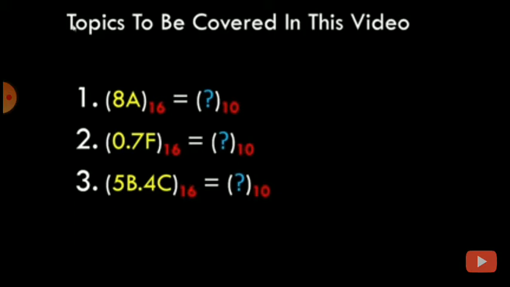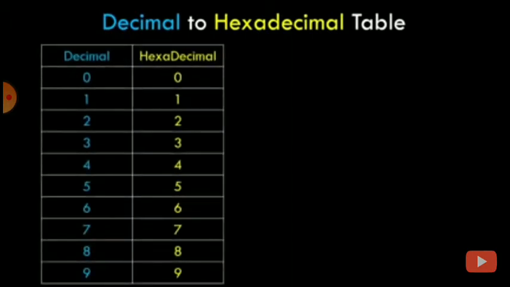So before we start solving problems, let's have a look at the conversion table between decimal and hexadecimal values. As you can see in table 1, the first 10 digits of decimal and hexadecimal numbers are equivalent to each other. That is, when we convert any value from decimal to hexadecimal or vice versa, the value remains the same, or the symbol that denotes each other is always equal.